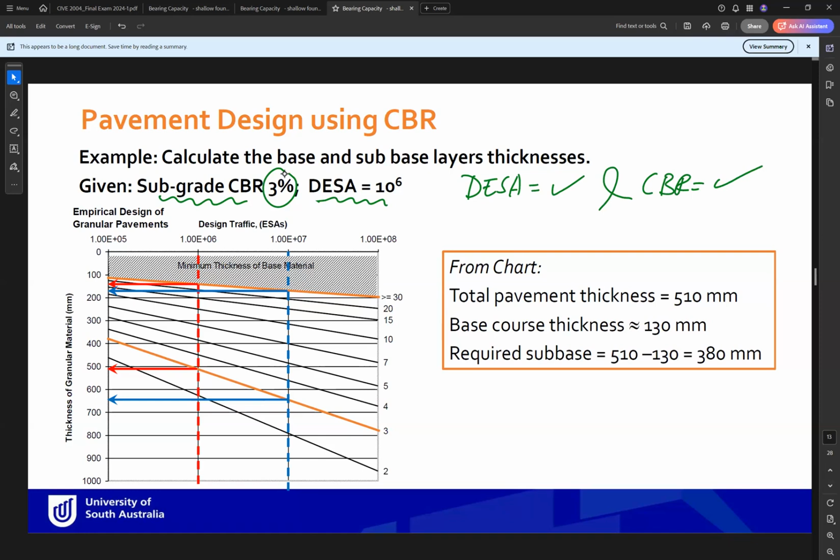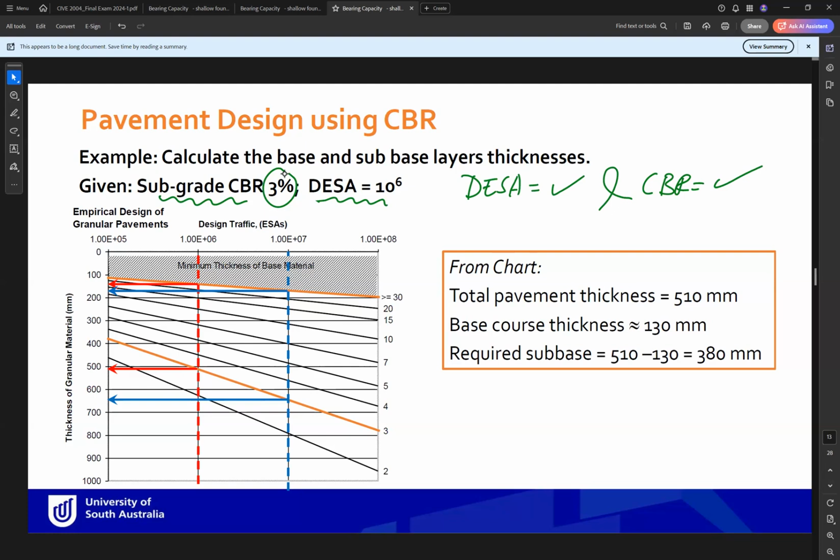How can we use this chart using these two values?